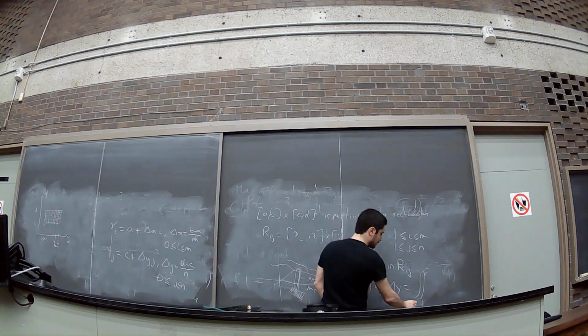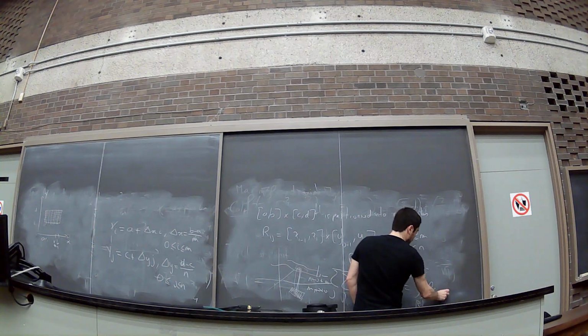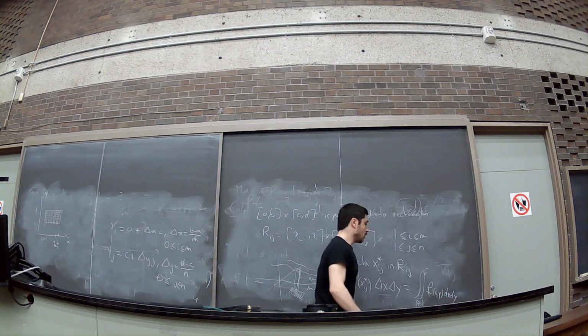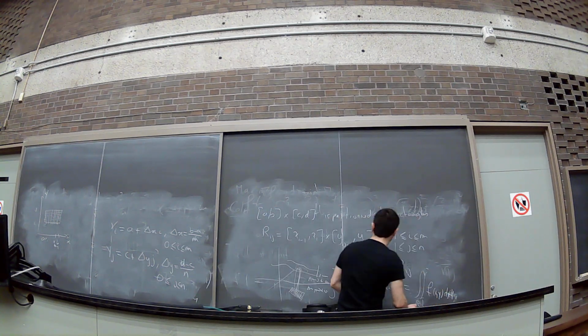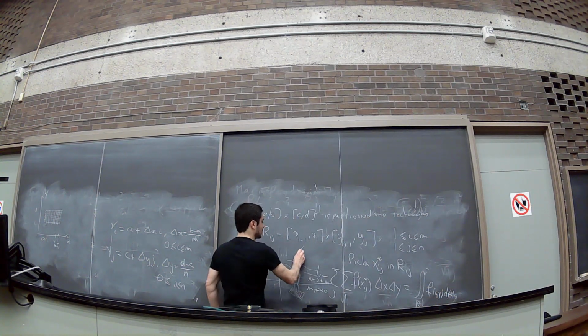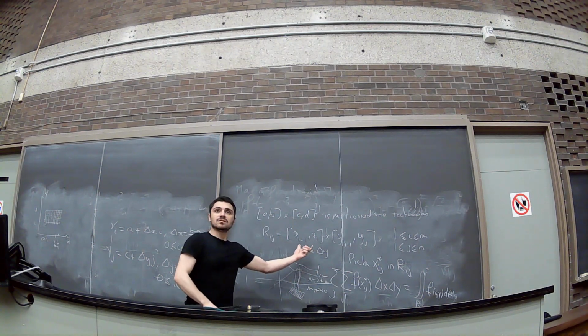Really, this will be the integral over R of f of x, y dx dy. Or, if you wish, you can call it dA, right? Because the area of each rectangle is delta x times delta y, so it's a small element of area. You agree?